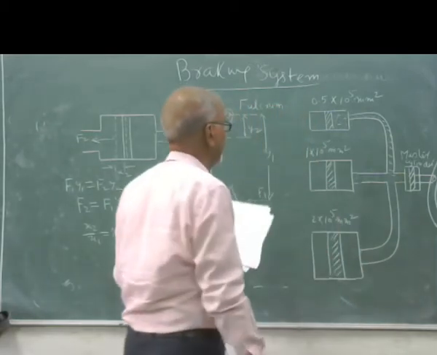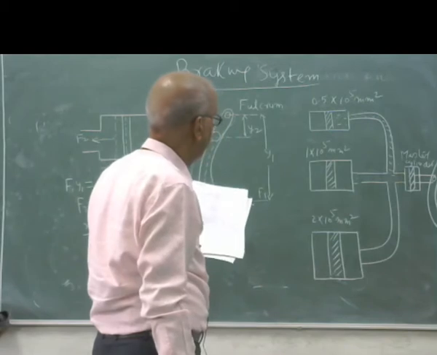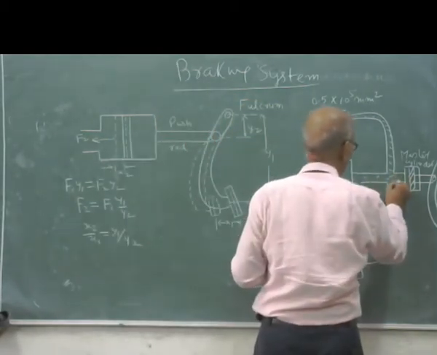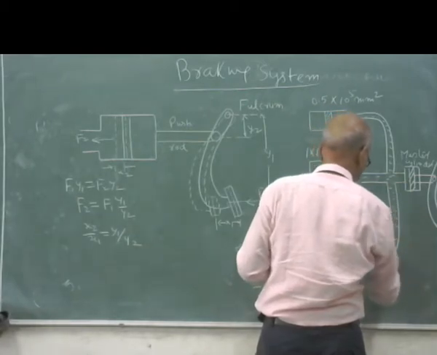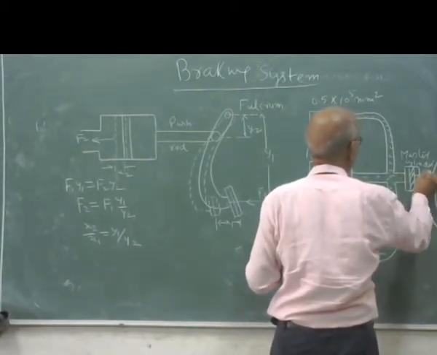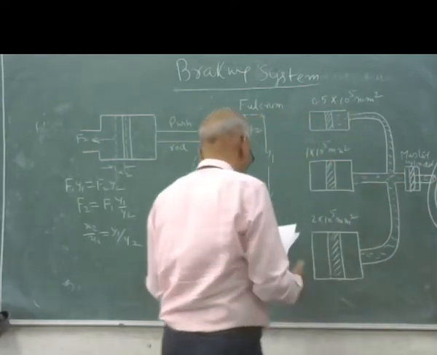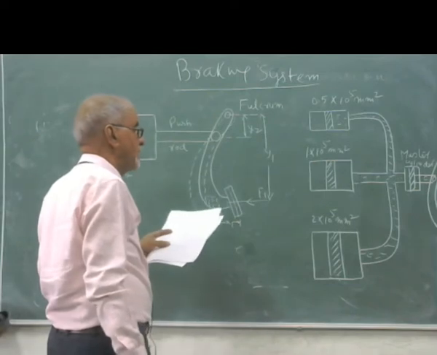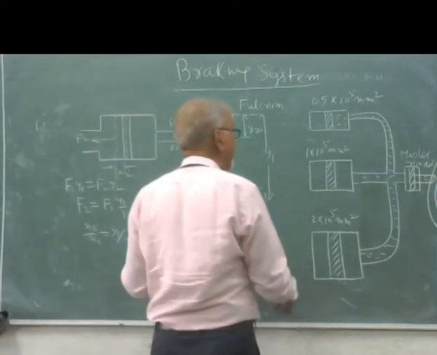These three cylinders are there, and their areas are separate. Now, as per Pascal law, whatever the pressure is being applied over here at the paddle, same is transmitted to all the three cylinders. As per Pascal law, all the cylinders are bearing the same pressure when we press the paddle.